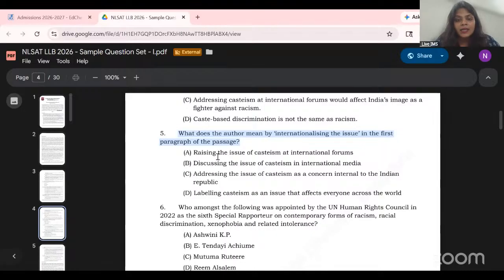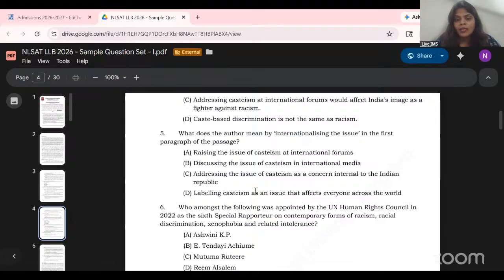So first of all, it is stating raising the issue of casteism at international forum, that is the first option. Then discussing the issue of casteism in international media, addressing the issue of casteism as a concern internal to Indian Republic, labeling casteism as an issue that affects everyone across the world. Now, when we are talking about internationalization of the issue, in the first passage, author is talking about the fact from Indian perspective, right?